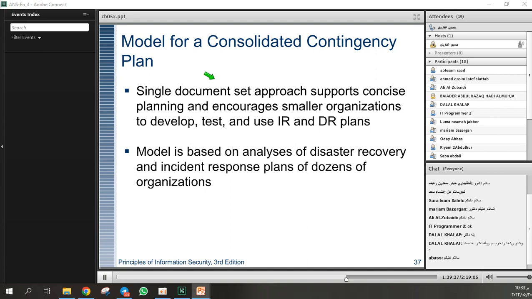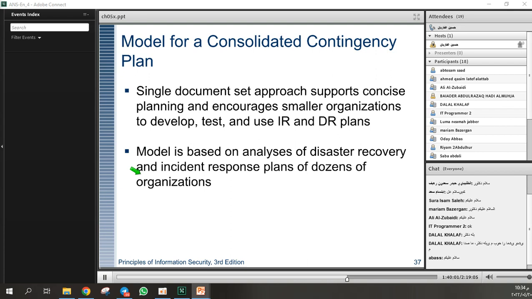What should I do for those plannings and those documents? Maybe we can use a single document set to prepare a document for the whole of those plans, for IR, DR, and everything.